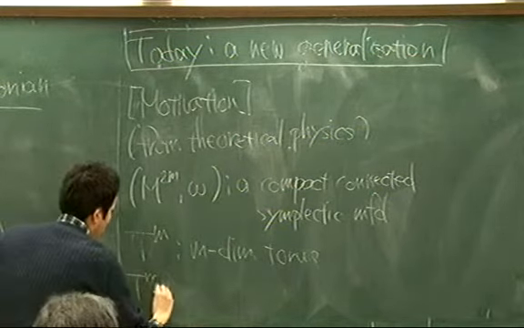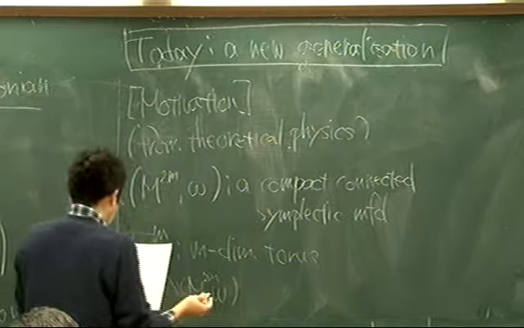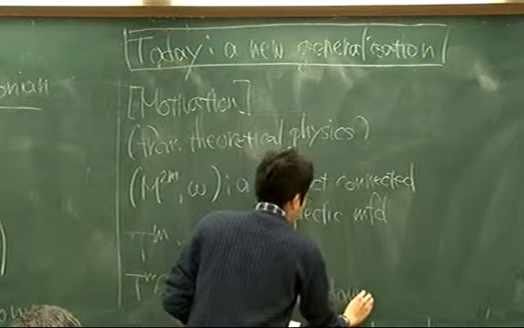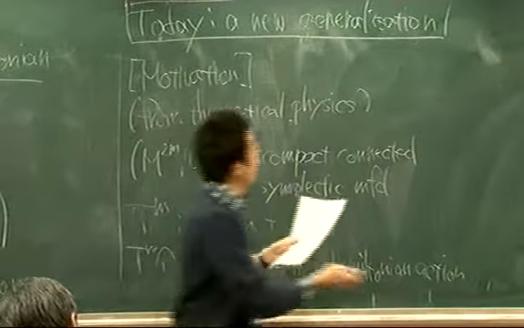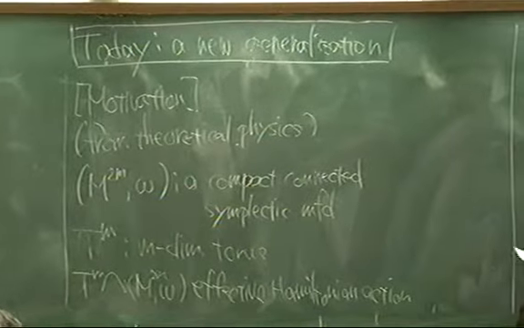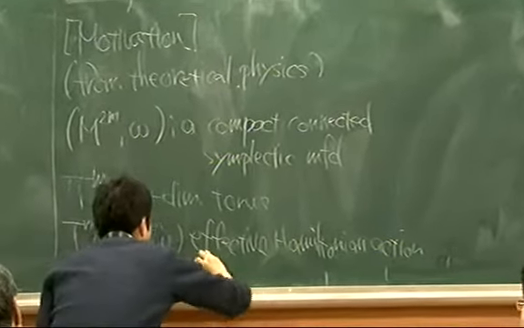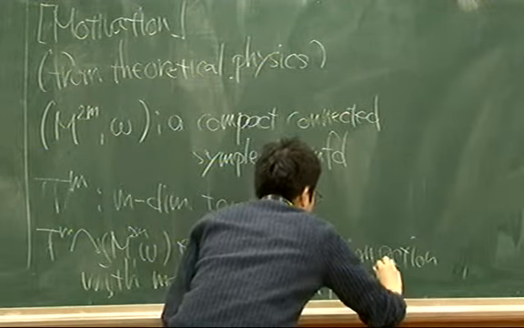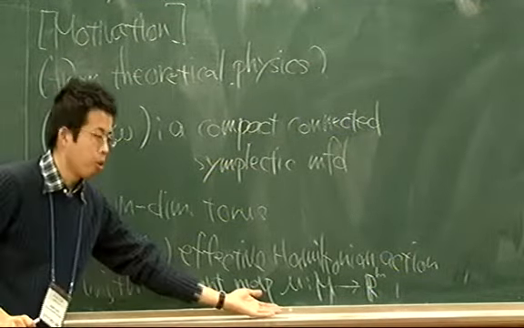If this torus has an effective Hamiltonian torus action on M, then it is well known that we can define the component functions of the moment map.